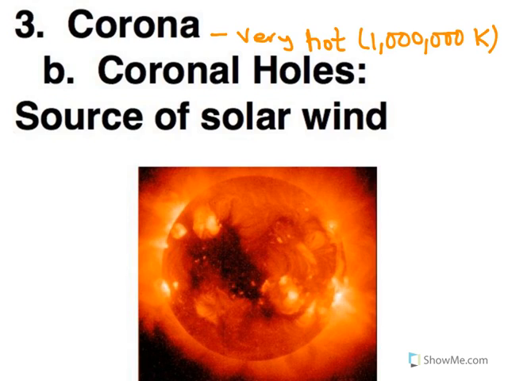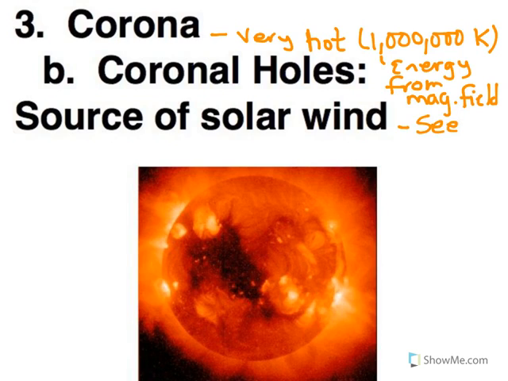And that's due to energy from the magnetic field is what heats up the corona. But because it's so hot, we can see it in the X-ray part of the spectrum. That's actually where it radiates the most. Now, we can't observe X-rays from the surface of Earth, so we use orbiting satellites to observe in the X-rays. And that's what this picture is.